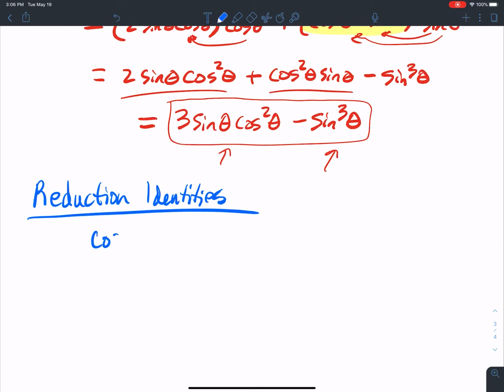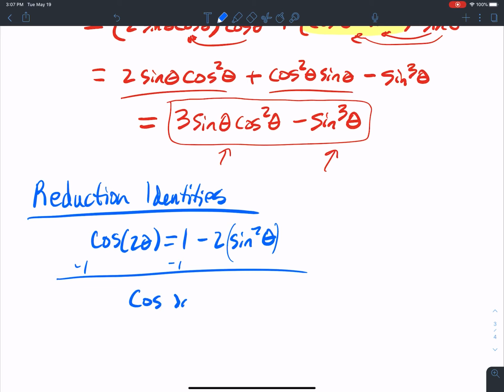Well, if I have cosine 2 theta equals 1 minus 2 sine squared theta, and I solve this for sine squared theta, I need to subtract 1 from both sides. So I have cosine 2 theta minus 1 equals minus 2 sine squared theta.